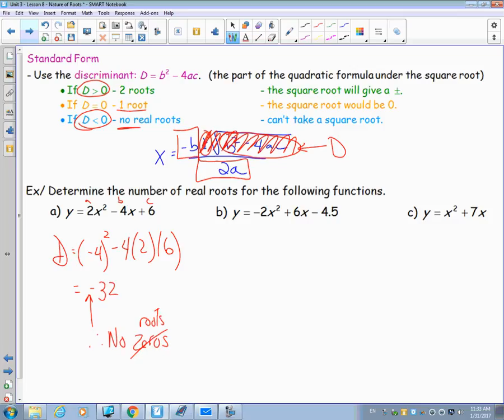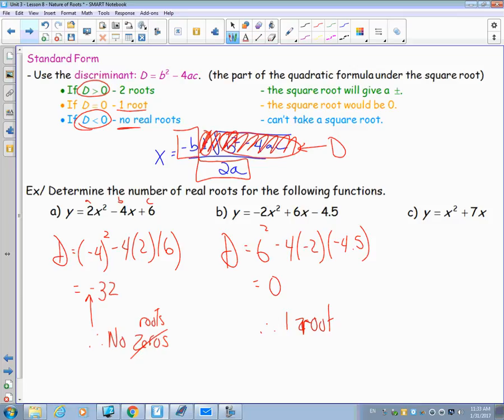Try the next one. Our discriminant, 6 squared minus 4 times a times c, be careful with your signs. Plug all that in and I get the number 0. Well, the square root of 0 is 0, which means I can calculate it, but it doesn't get me much. So I've got 1 root.